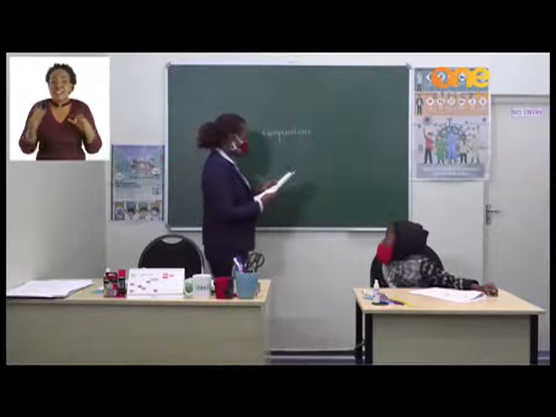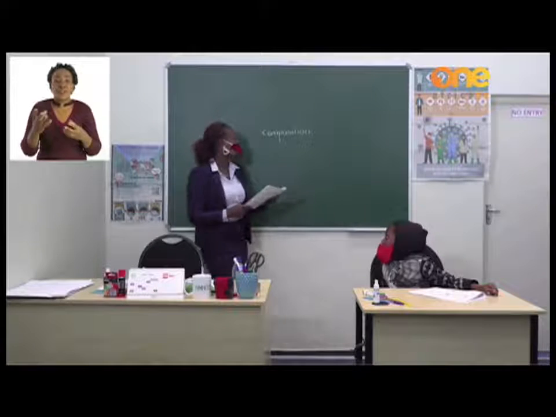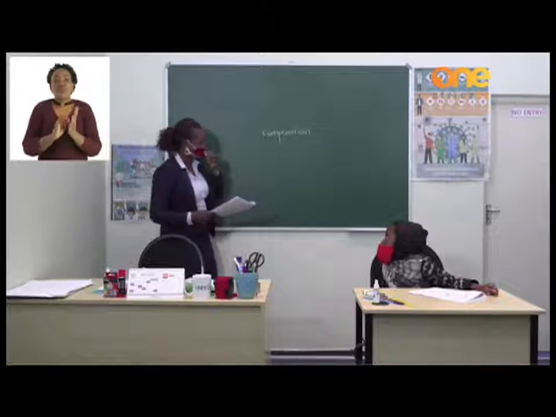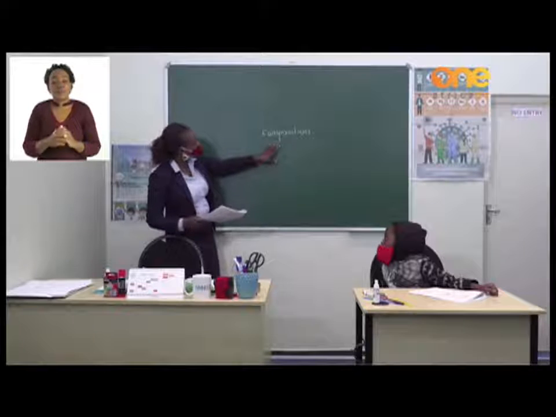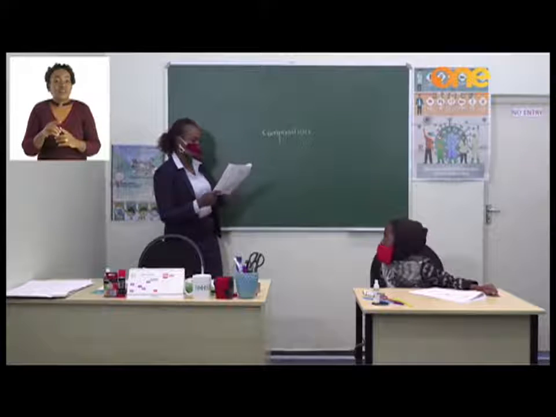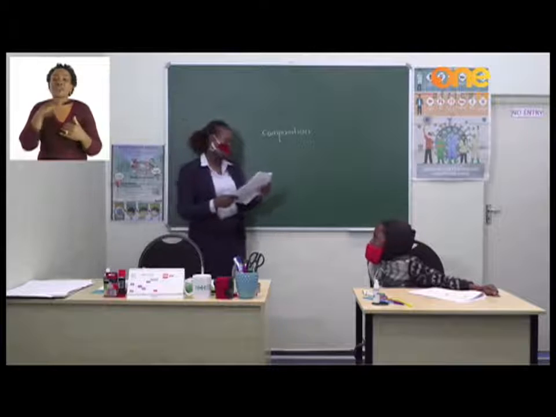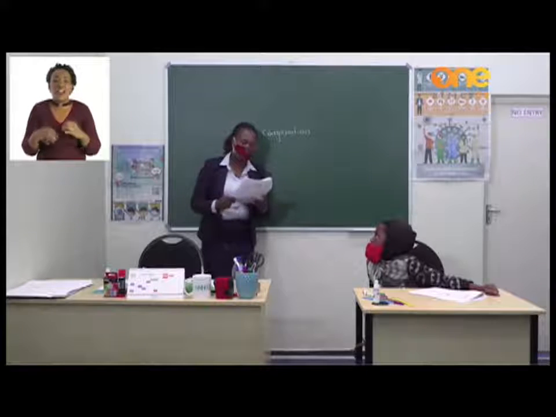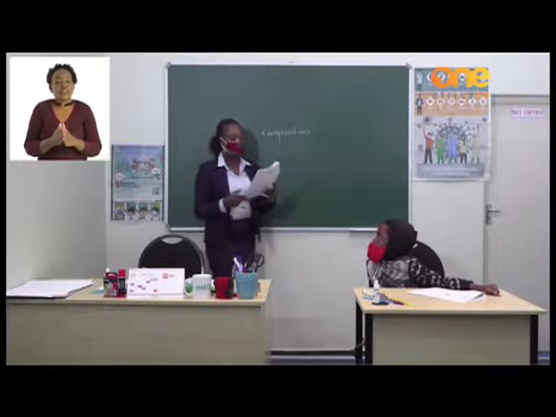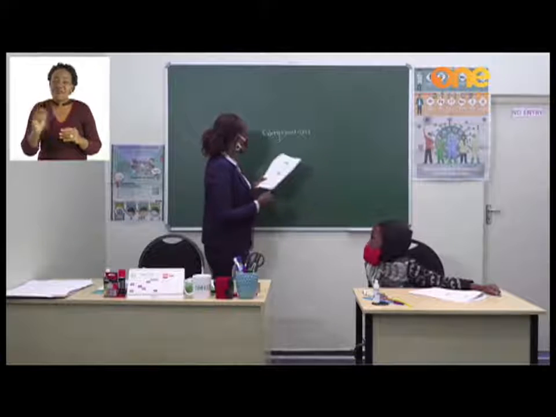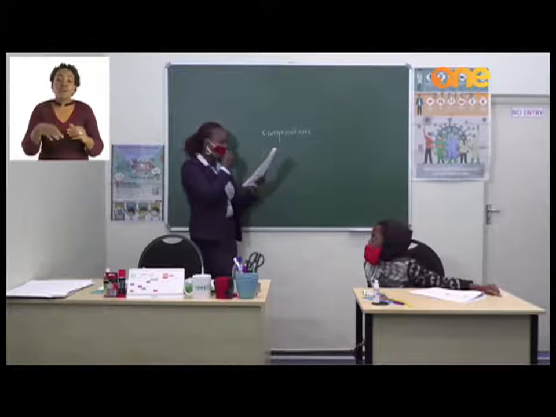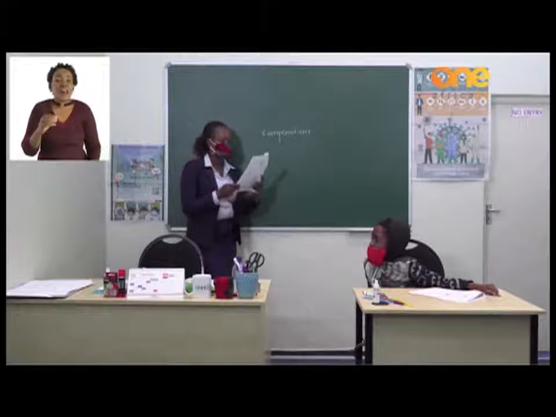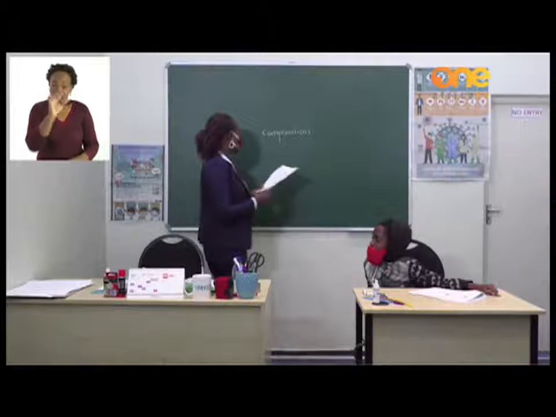So we are given some guidelines to write a story. In a composition, we are going to write an interesting story. Use the guidelines provided below and write your own story of 5 to 7 sentences about traveling on safari.